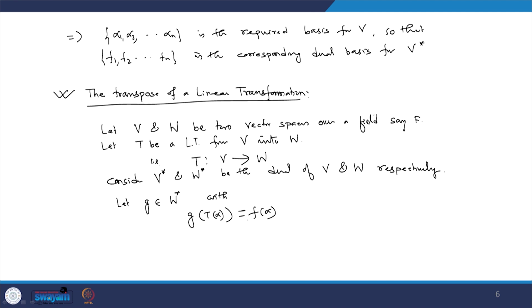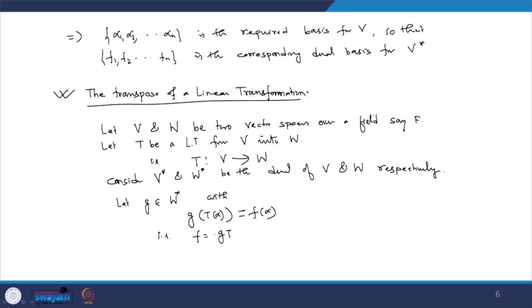I am considering a function f, basically G of T of alpha, so that f equals G T. So, I have considered a function which is the composite of G and T.